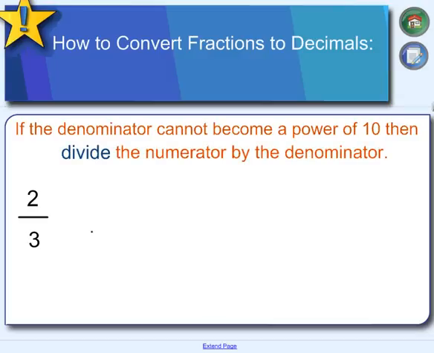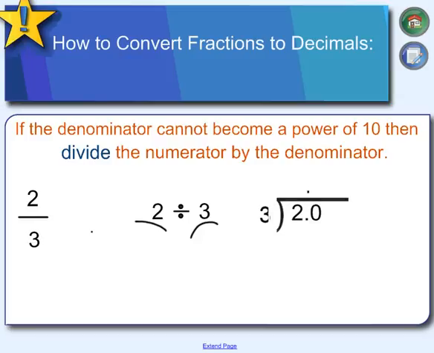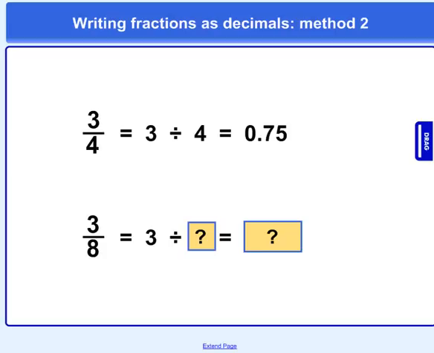You take the numerator, which is 2, and you divide it by the denominator, which is 3. You divide using long division like we practiced before, and you would end up with 0.6, and 6 would go on forever. So this is the other way to convert a fraction into a decimal.